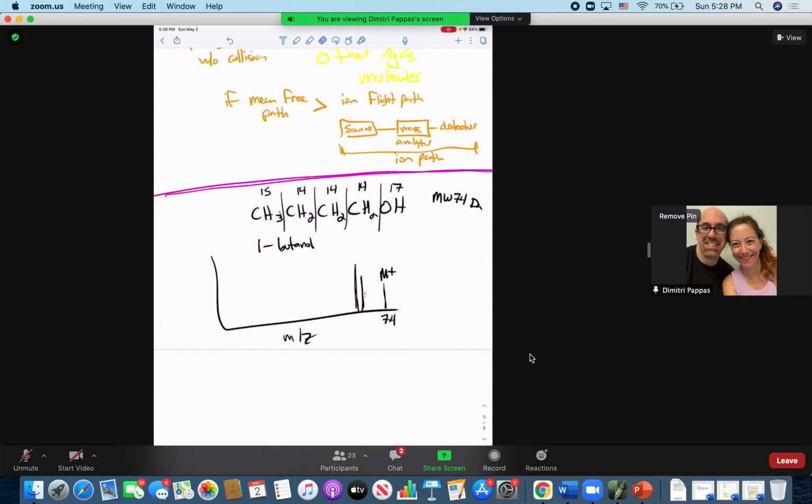Okay. Sorry. You'll see a peak at 59. You'll see a peak at 57, possibly. You'll see a peak at 45. And maybe a peak at 31, right? So here's your mass spectrum. Can we figure out what all these different parts are from, right?